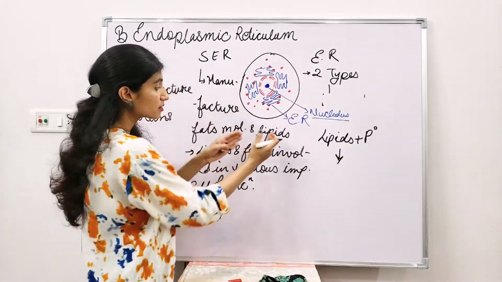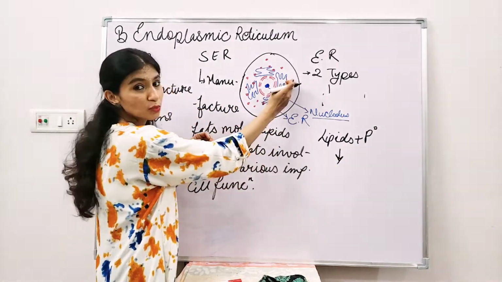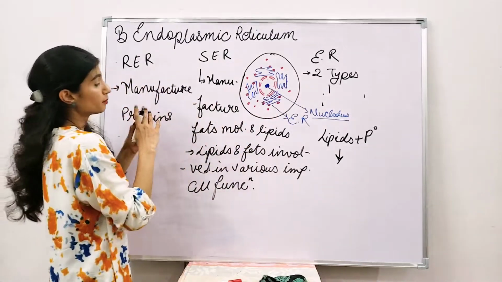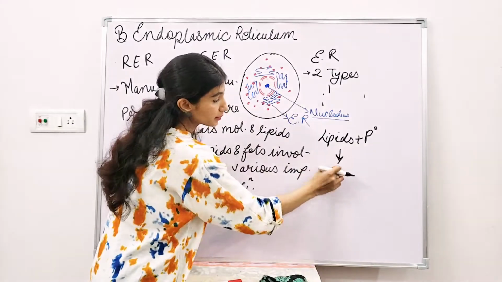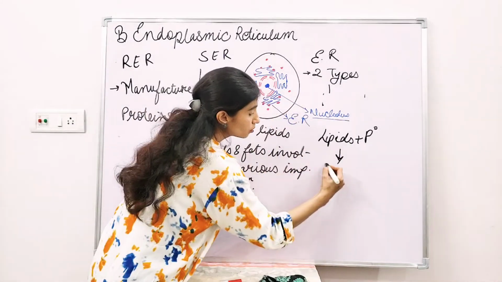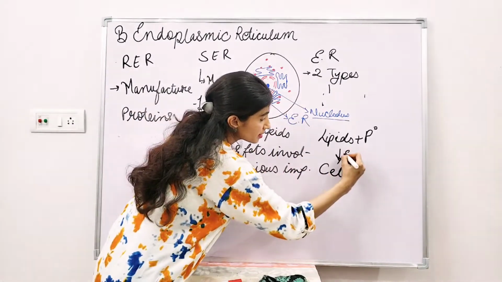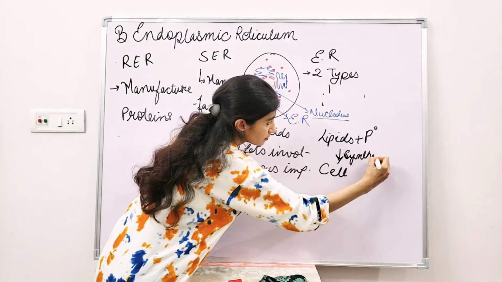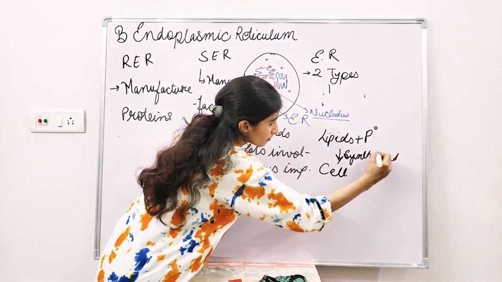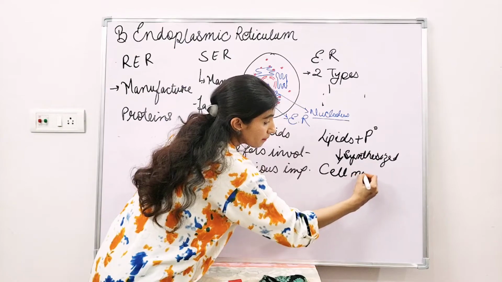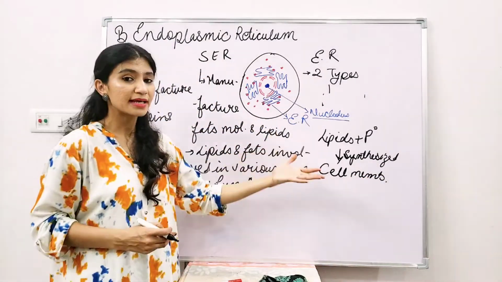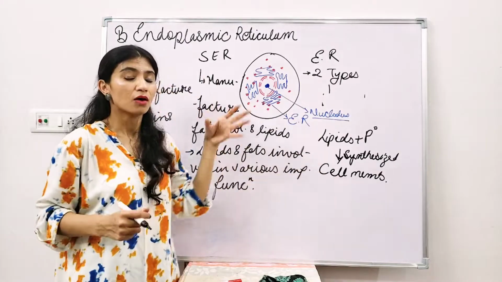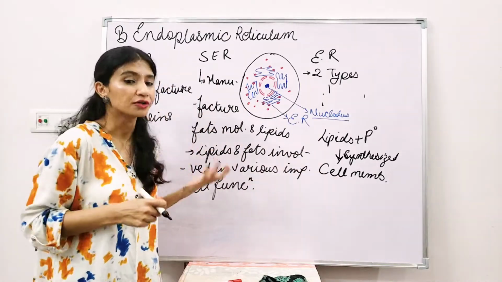They combine together in the cytoplasm and synthesize the cell membrane. So how does the cell membrane form? Because of the combination of lipids and proteins that we have already discussed.